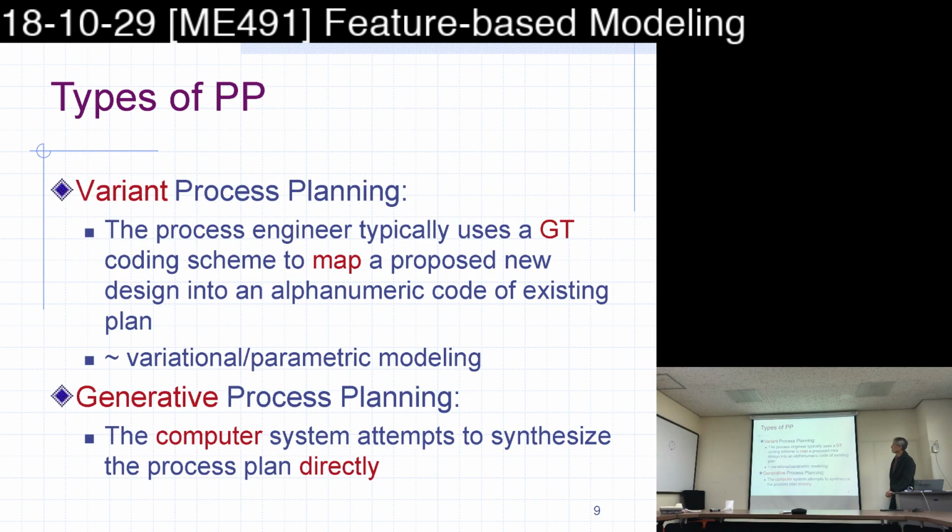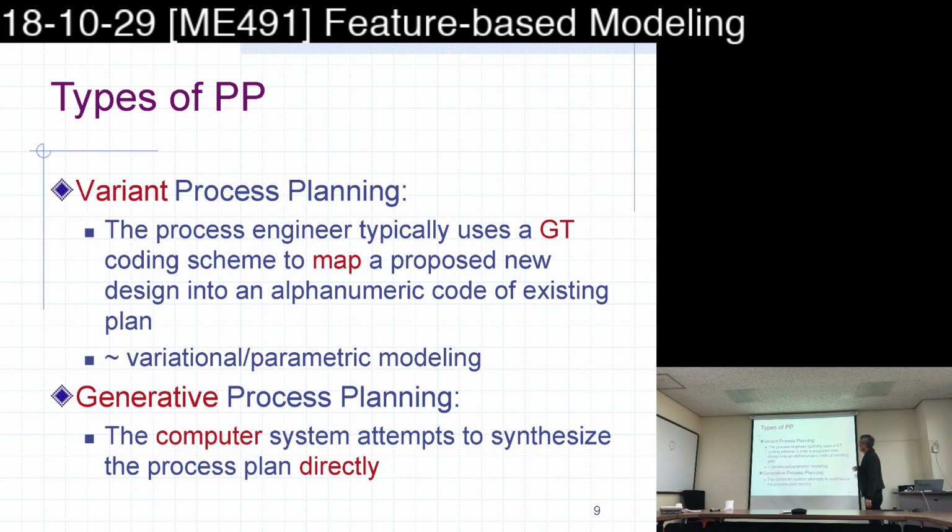Types of process plans: there is variant process planning and generative process planning. Variant is starting from an old plan. It's the same as designing, right? You can have variant designing, variational design. You start from an old design that is very similar, modify something, and then produce.